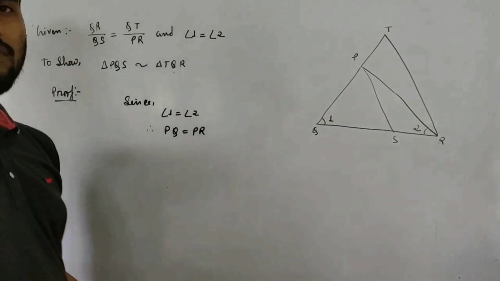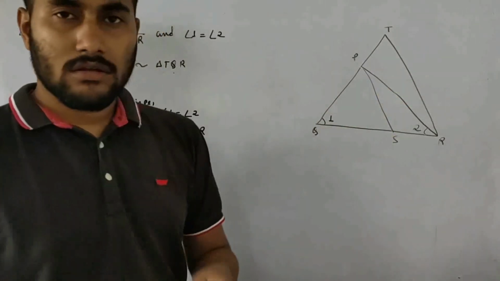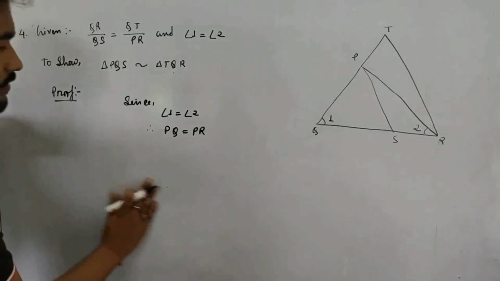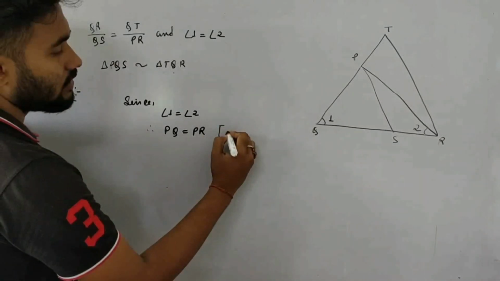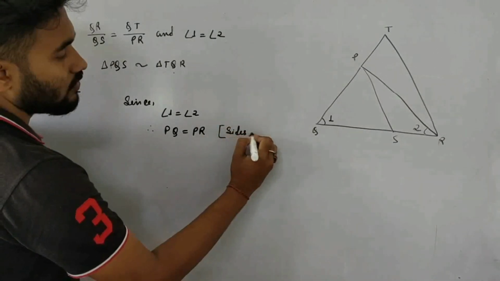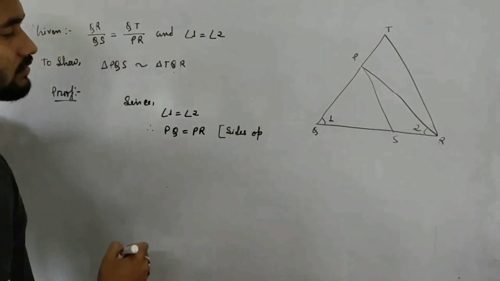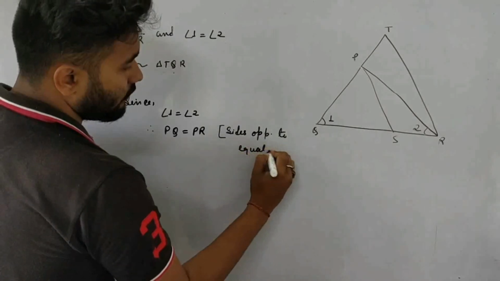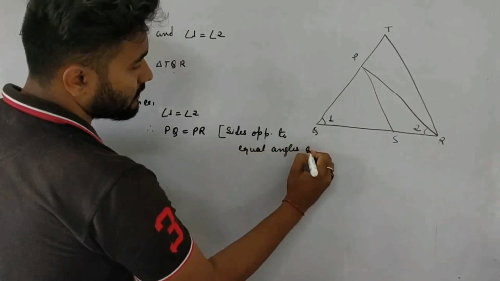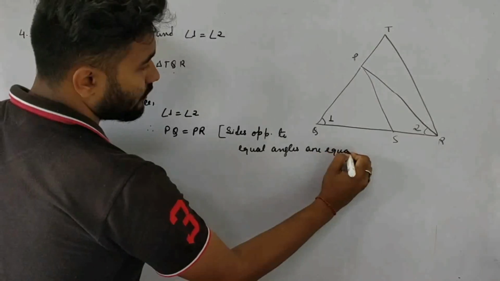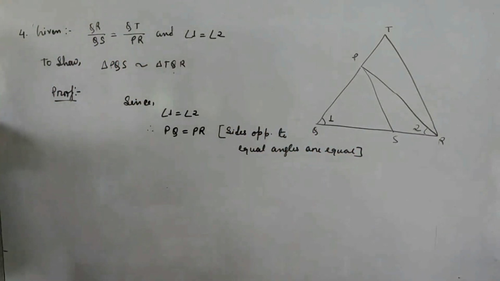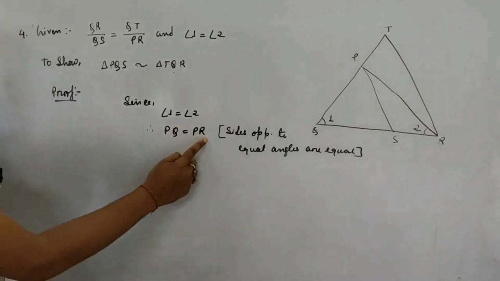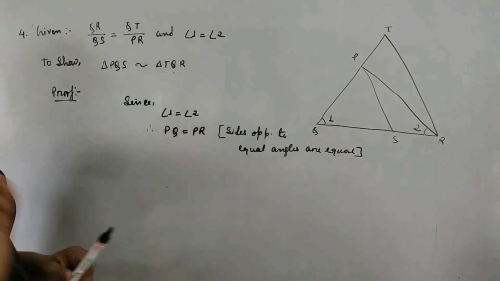So in isosceles triangles these two sides will be equal. Sides opposite to equal angles are equal. So you can give the reason: sides opposite to equal angles are equal. This you have already got in your lower classes, okay? So we got PQ equal to PR. In place of PR I will write PQ and job done, okay?